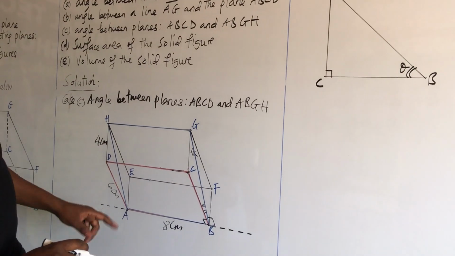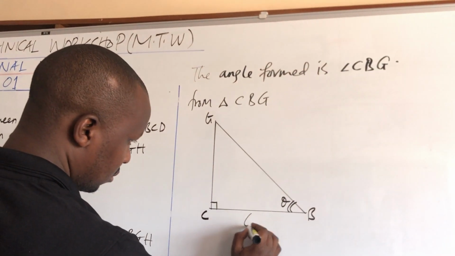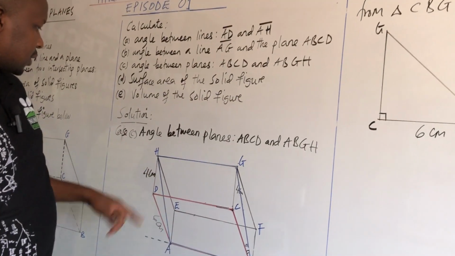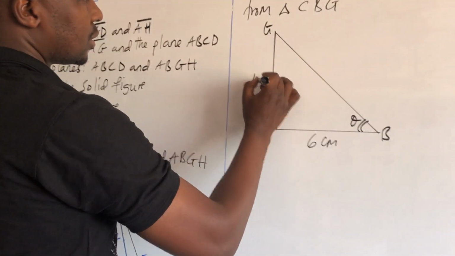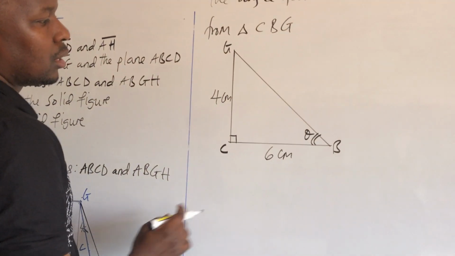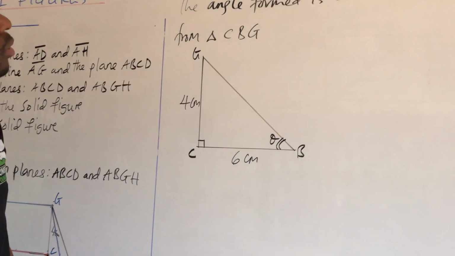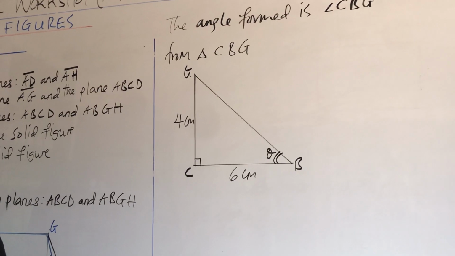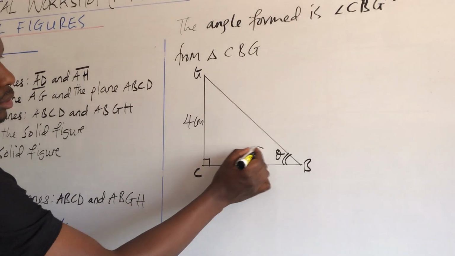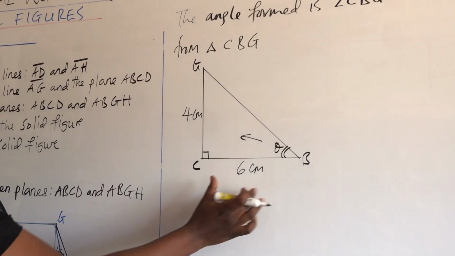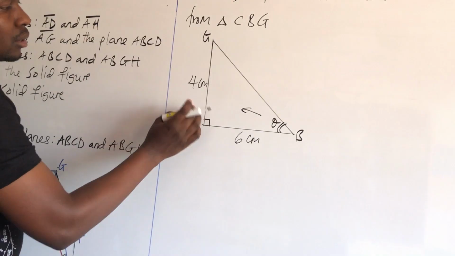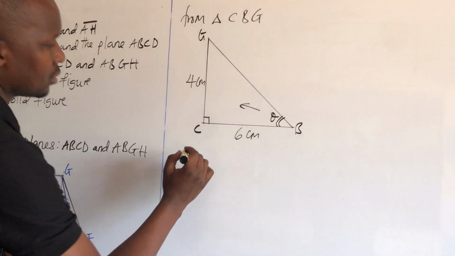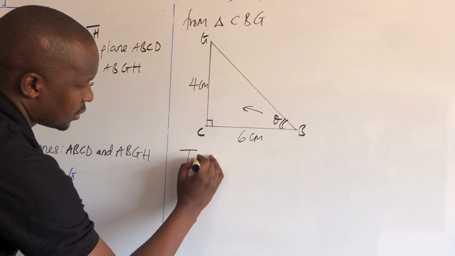CB is the same as DA, which is 6 centimeters in magnitude, and GC is the same as HD, which is 4 centimeters, the height. Now we have two dimensions, so we can calculate the angle from a trigonometric ratio. This is the opposite side, adjacent, hypotenuse. We use opposite and adjacent because the dimensions are known, so we go to tangent.